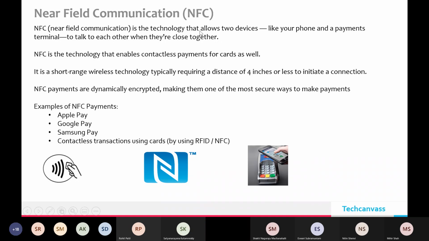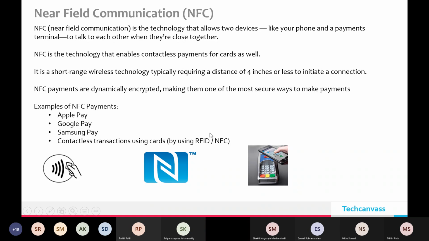And there are two types of technologies. One is NFC technology and the other is RFID technology. NFC is near field communication, which covers up to 20 centimeters distance. RFID is radio frequency identifier. This is for longer distance communications, up to 100 meters.